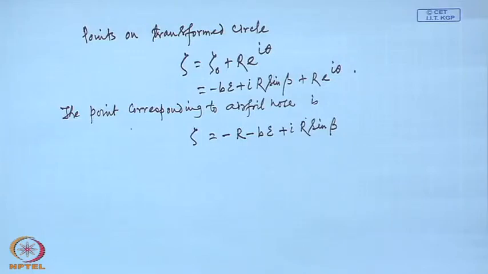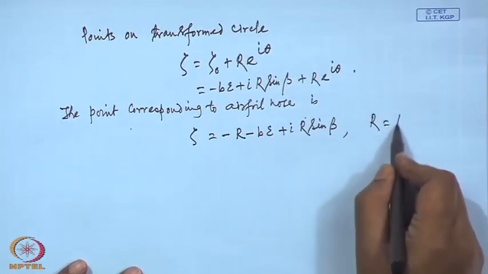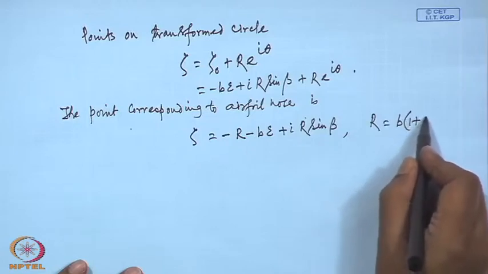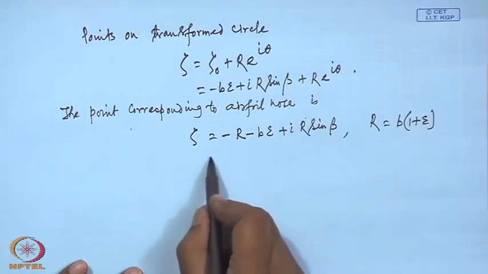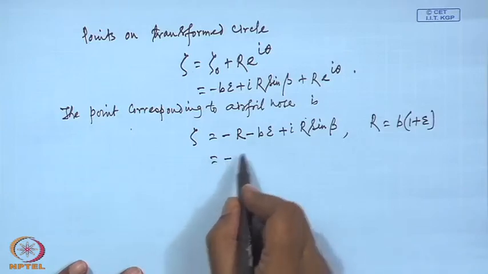See, there are two, r and b. We have a relationship between r and b. R is how much? B into 1 plus epsilon. So, we will have only b. That of course, we cannot find, it will remain as b. And you please check the calculation.